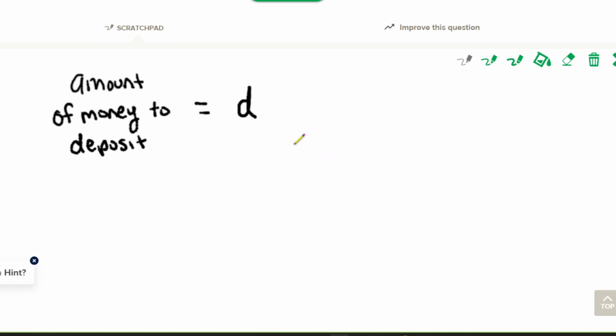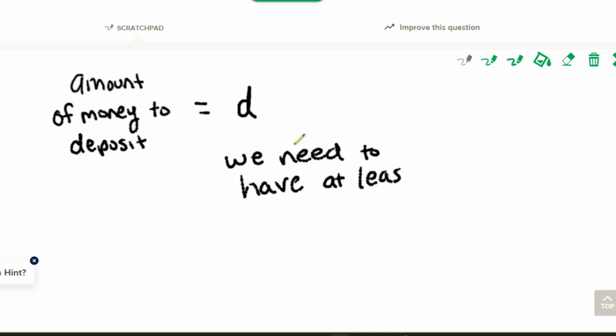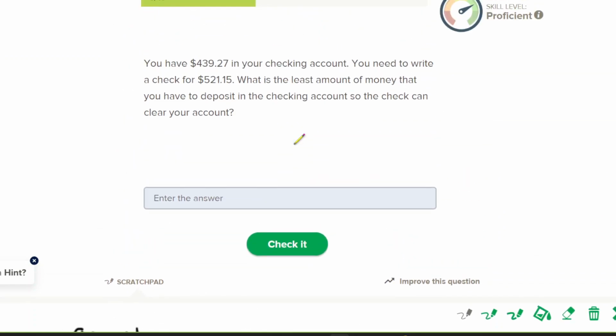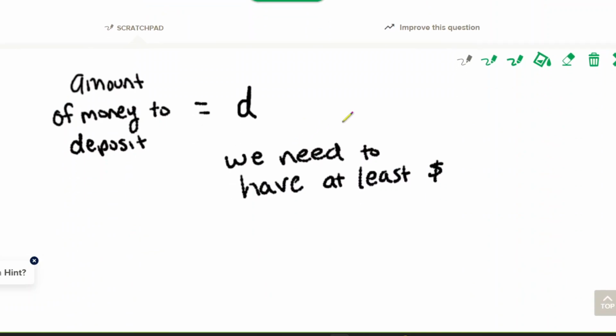So I'll write that out. We need the account to have at least, that's the smallest amount we can have, $521.15.